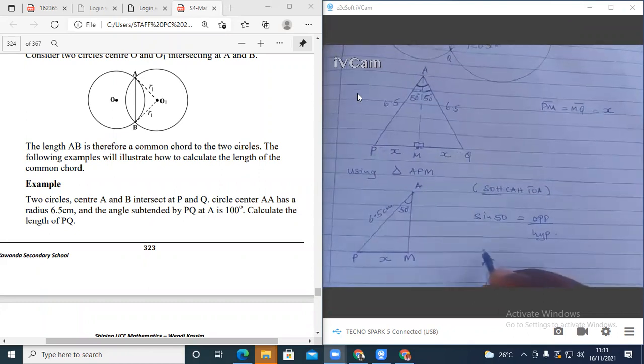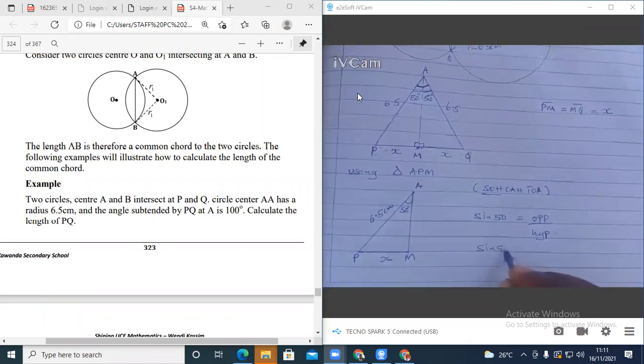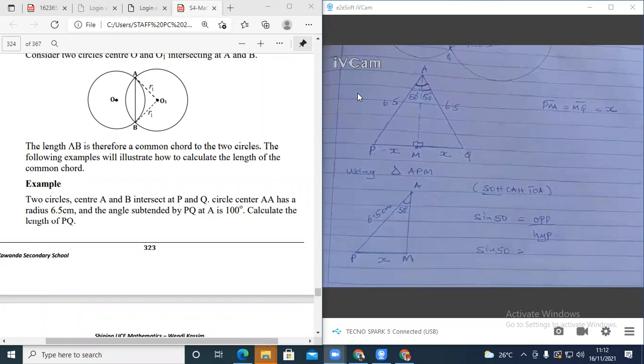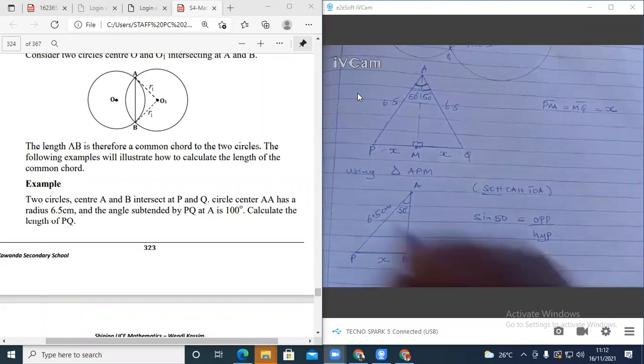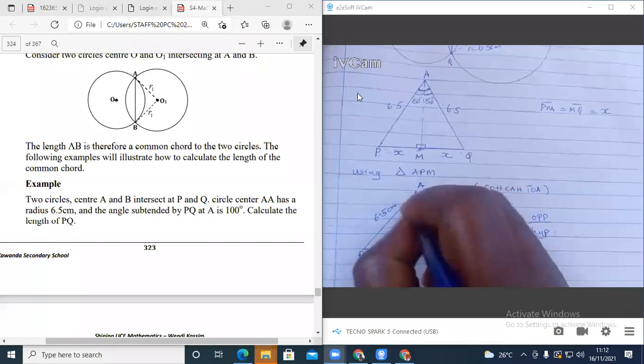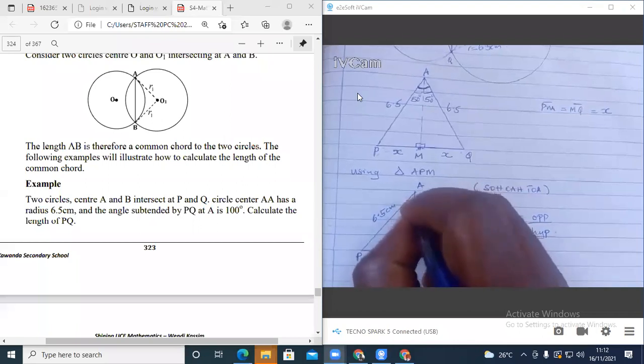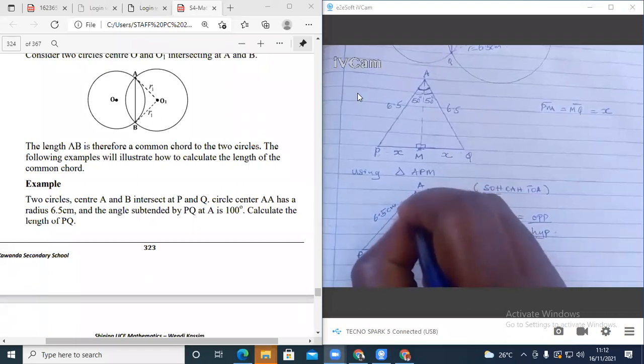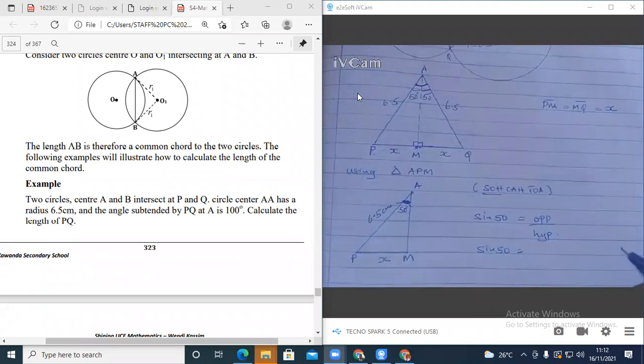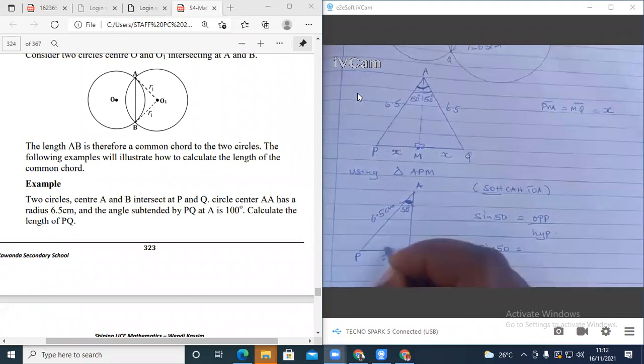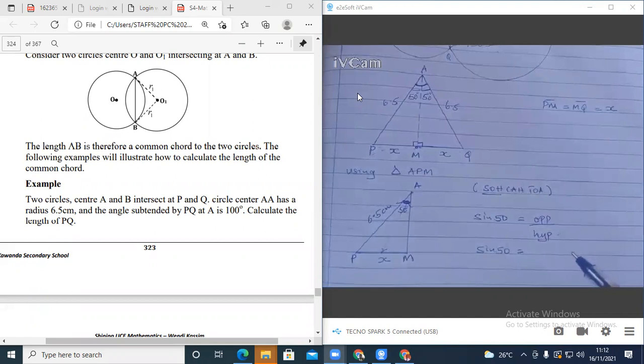So sine 50. What's my opposite? Remember how I told you to get the opposite, put an I here. So we put the I there, and the opposite is what he sees. X. So X is the opposite, right?